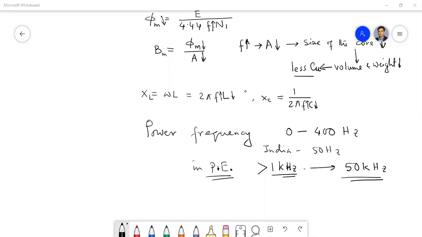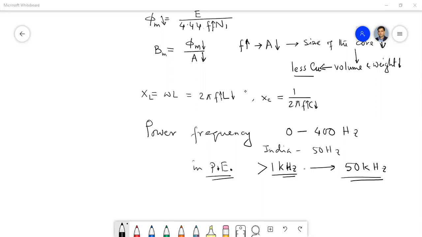So where we are generating the voltage, it is basically coming from the mechanical side, and mechanically to rotate something at that speed is a critical issue. That is one thing. The second thing is the losses. I think you have studied that with higher frequencies, all these core losses become high. These are the issues.